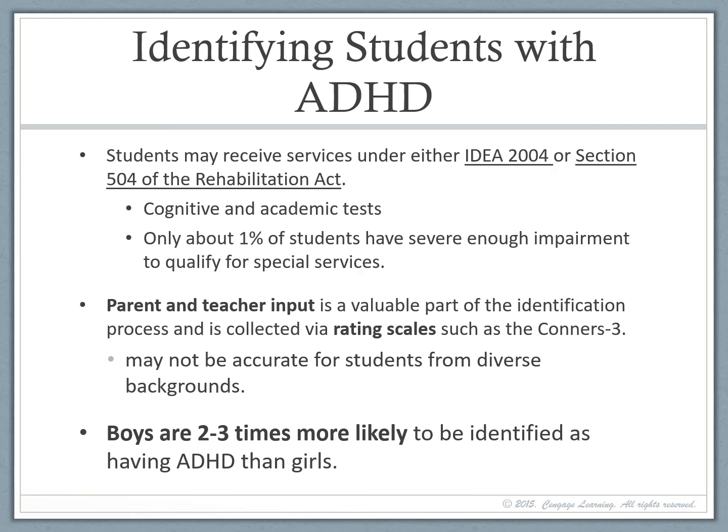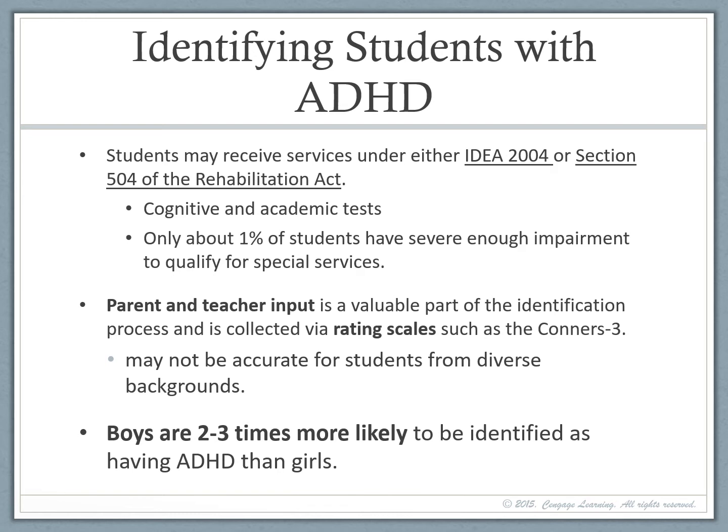It's not an IEP, but it can be helpful in helping children pay attention in class and get the accommodations or the special arrangements that can help them pay attention in class.